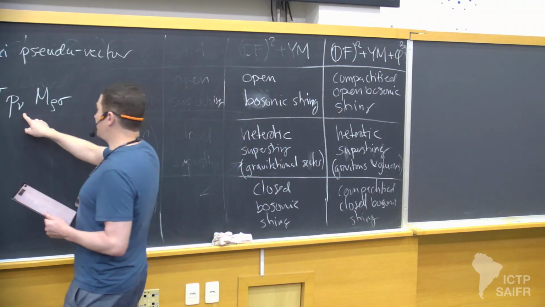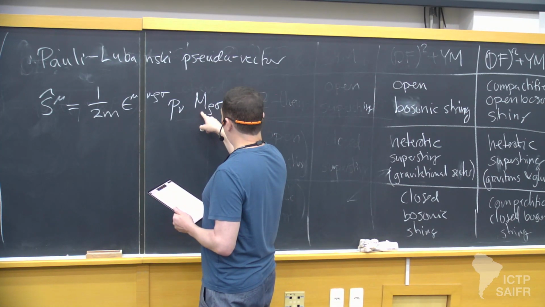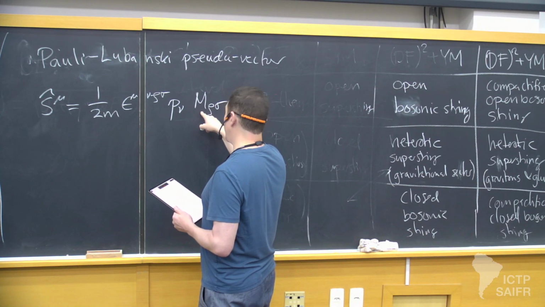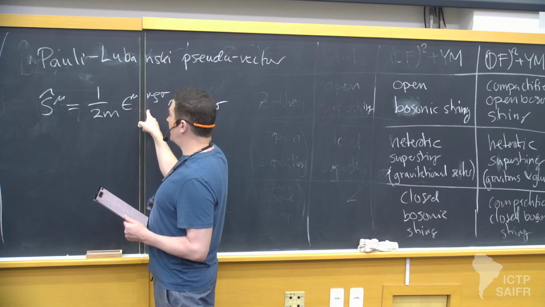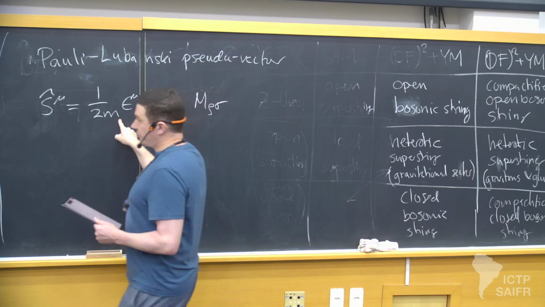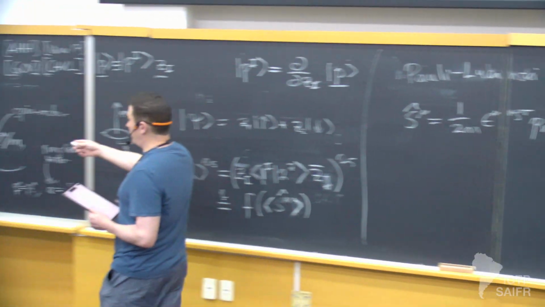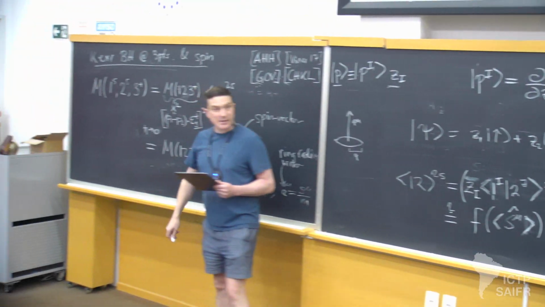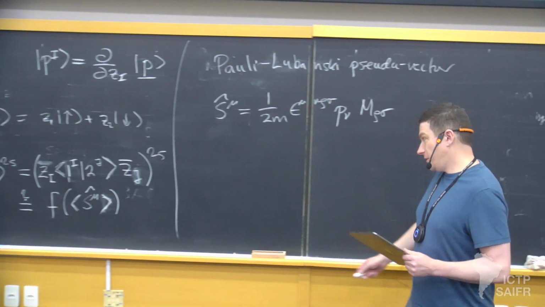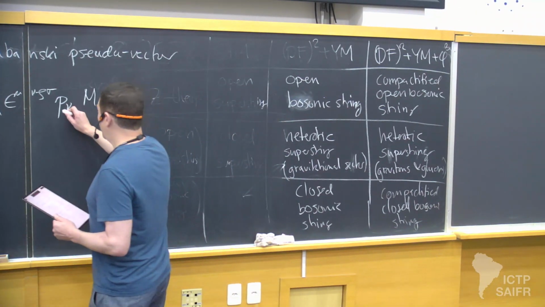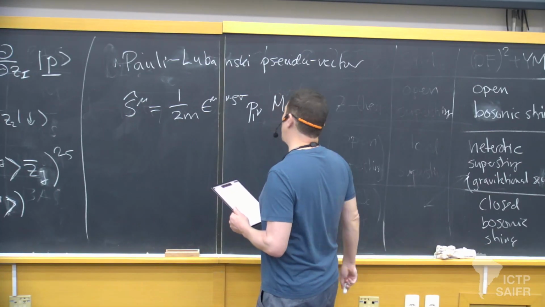Basically, just the momenta, and then the Lorentz generators, and then you contract with the Levi-Civita. And m here is just the mass of the objects. Particle 1 and particle 2 have the same mass, but which momenta should I use? Well, it turns out that in the classical limit it doesn't really matter, but to be careful, let's make it momentum 1.